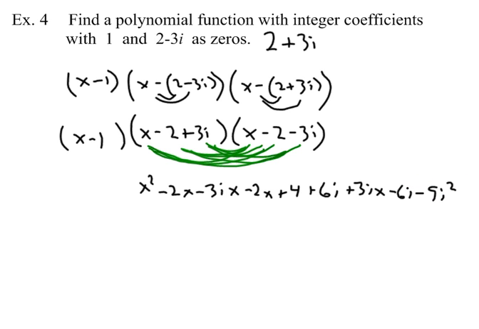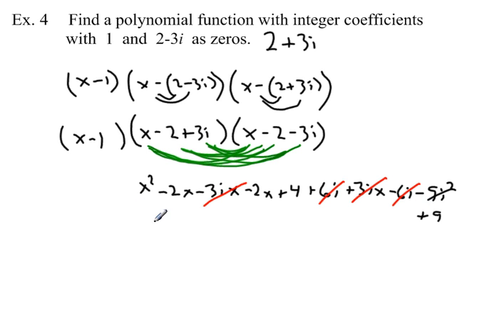And you should see at this point some terms that will add up to give us zeros. So for example, these two terms, they're gone. These two terms, they're gone. In fact, those imaginary terms will always be gone. In fact, look at this last one. Minus 9i squared. i squared is negative 1, right? So this is the same as plus 9.